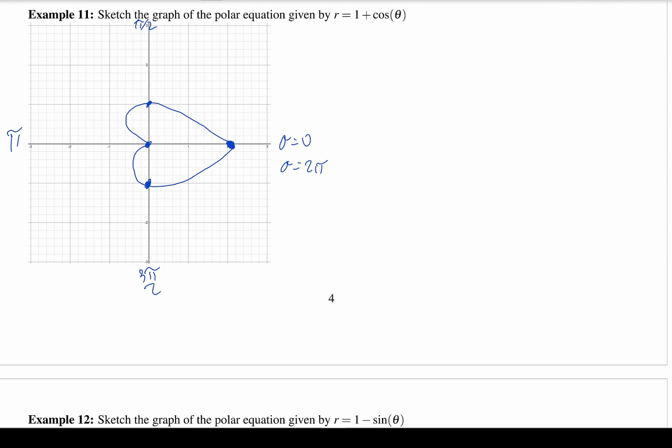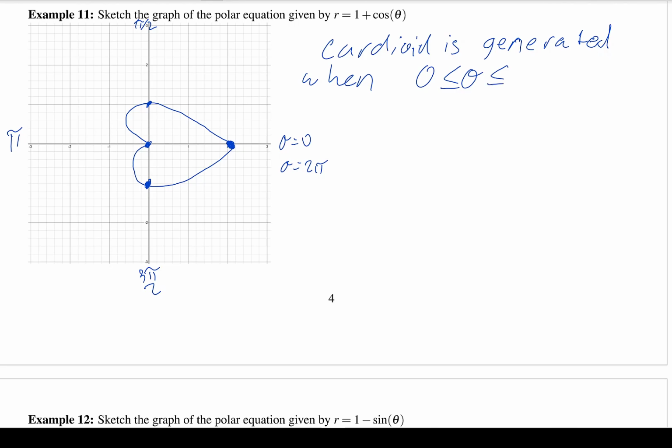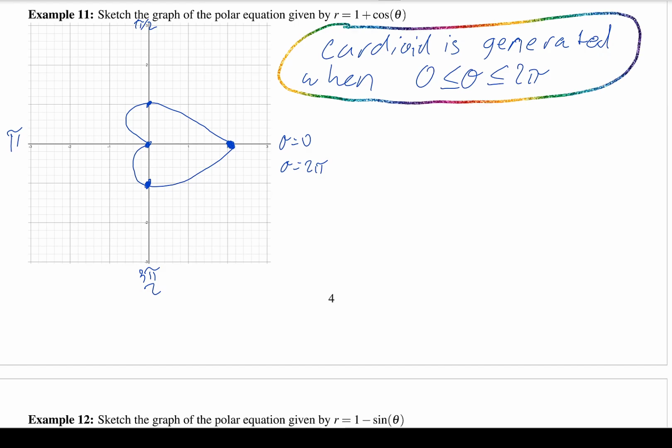So what this means is that our cardioid is generated when theta goes from 0 to 2 pi. Again, extremely important fact for the next section. Can't state it enough times.